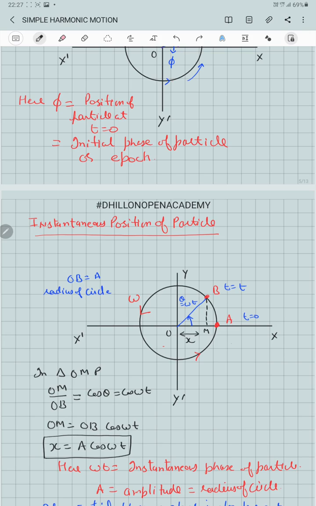When the particle is at point B, its projection will be present at the point M. So we drop a perpendicular from point B to M. When the particle's projection is at point M, its instantaneous position from the center of the circle is x. So O is the mean position of the particle, A will be the extreme position along the positive x-axis, and D will be the extreme position along the negative x-axis.